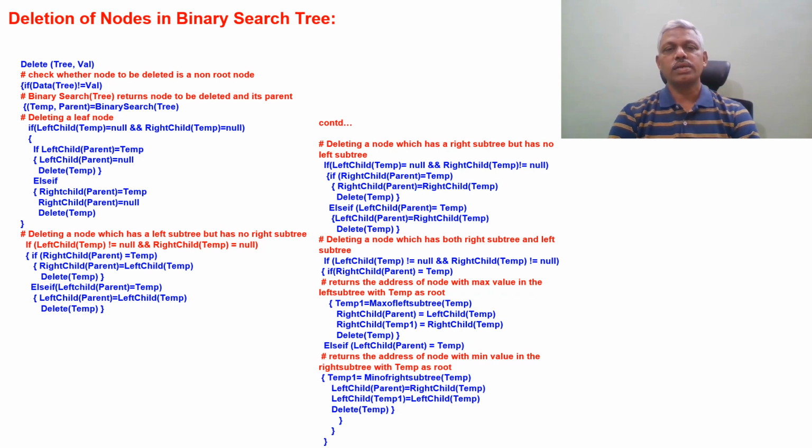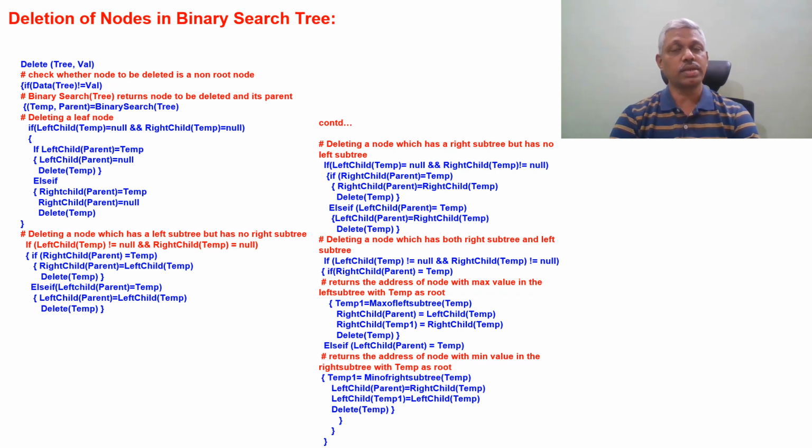child of temp to the parent, and temp can be deleted. The other case is deleting a node which has a right subtree and no left subtree. In this case, we observe that left child of temp is equal to null and right child of temp is not equal to null. Again, there are two possibilities. If right child of parent is equal to temp, the node to be deleted is the right child of the parent. In this case, right child of parent is equal to right child of temp.